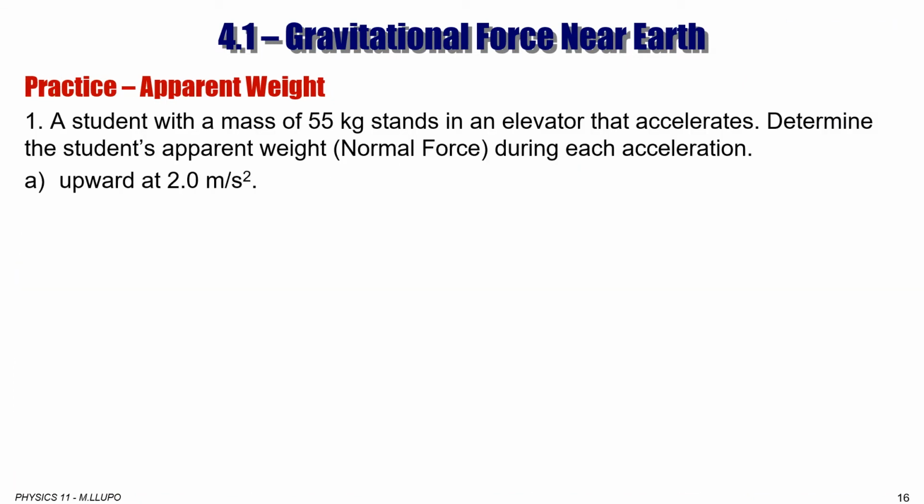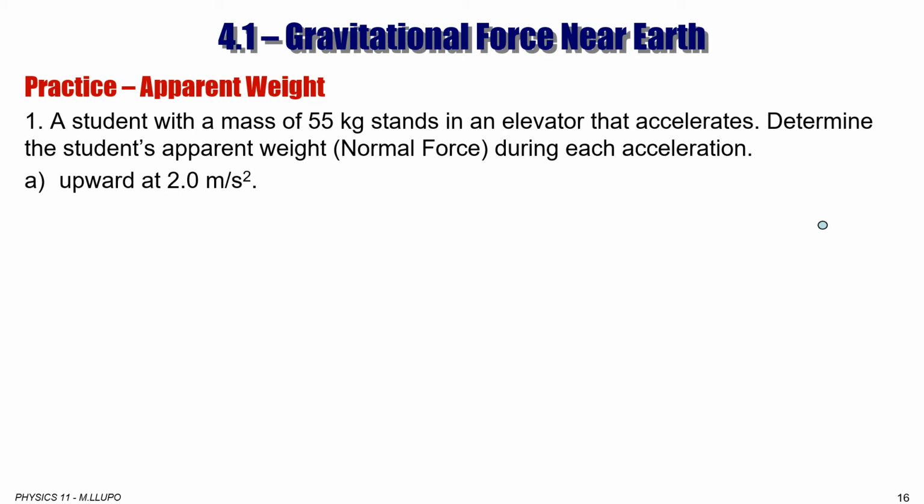Let's illustrate the apparent weight with an example. A student with a mass of 55 kilograms stands in an elevator that accelerates. Determine the student's apparent weight, or the normal force, during each acceleration. A. The elevator accelerates upward at 2 meters per second squared. We draw a free body diagram.